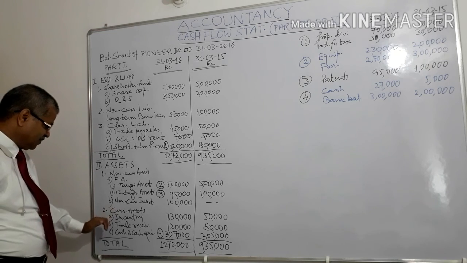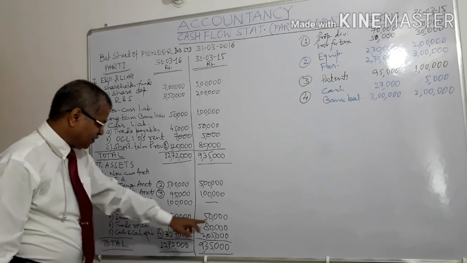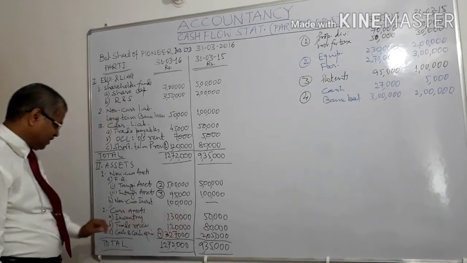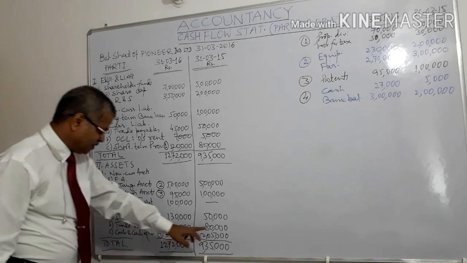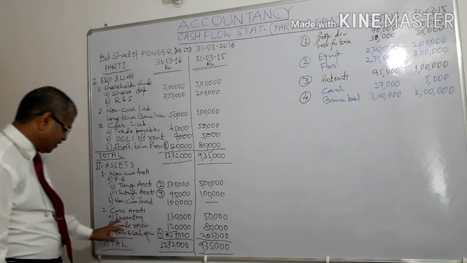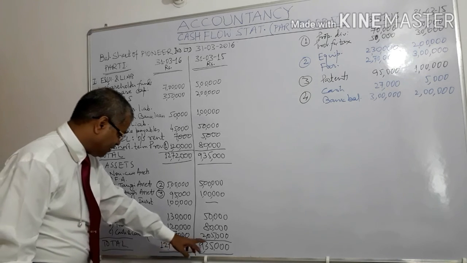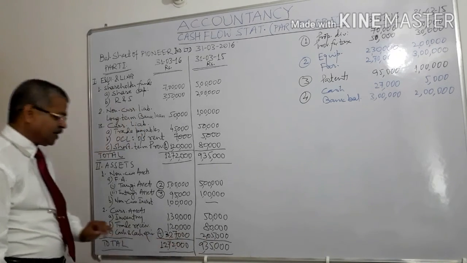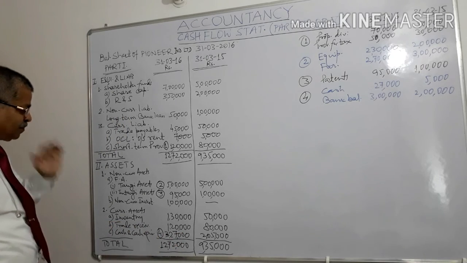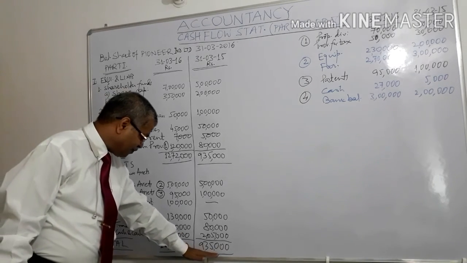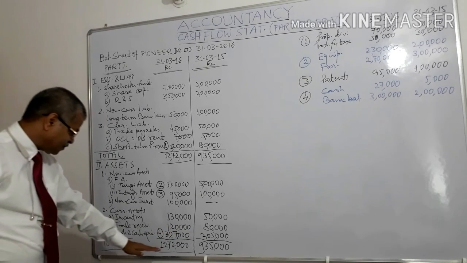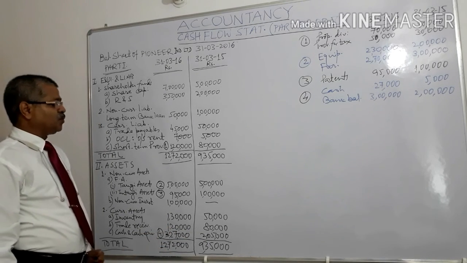Then we go to current assets. Inventory has increased from 50,000 to 130,000. Trade receivables have increased from 80,000 to 120,000. Cash and cash equivalents have increased from 2,05,000 to 3,27,000. Total asset side 31/3/15 935,000, 31/3/16 1,272,000.